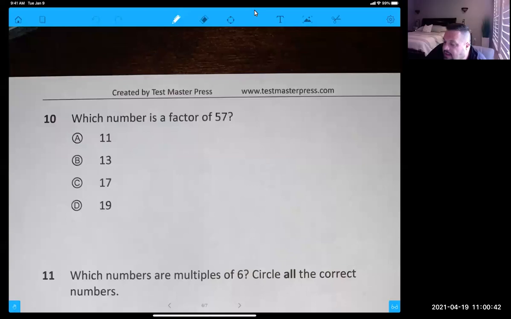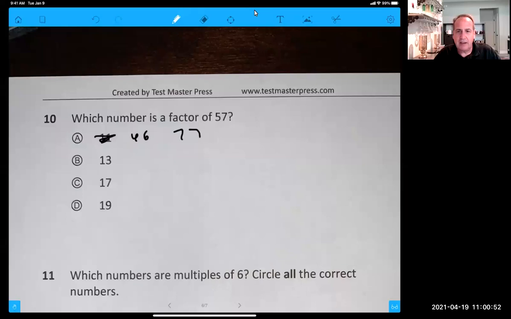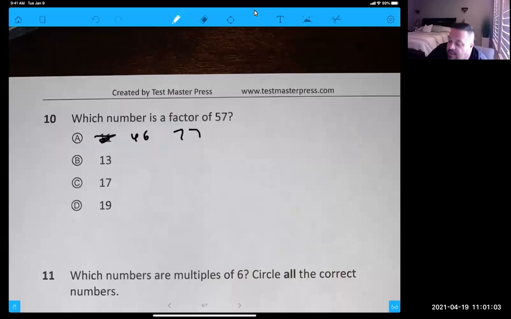I mean, we can eliminate 11 because 11 would go 66 to 77. So that one would never work, right? Nope. Just think about it. If you're going into 57, which one of those, the 3, the 7, or the 9, would make a 7 in the ones place? If you start skip counting by 3, are you ever going to say a 7 in the ones place?